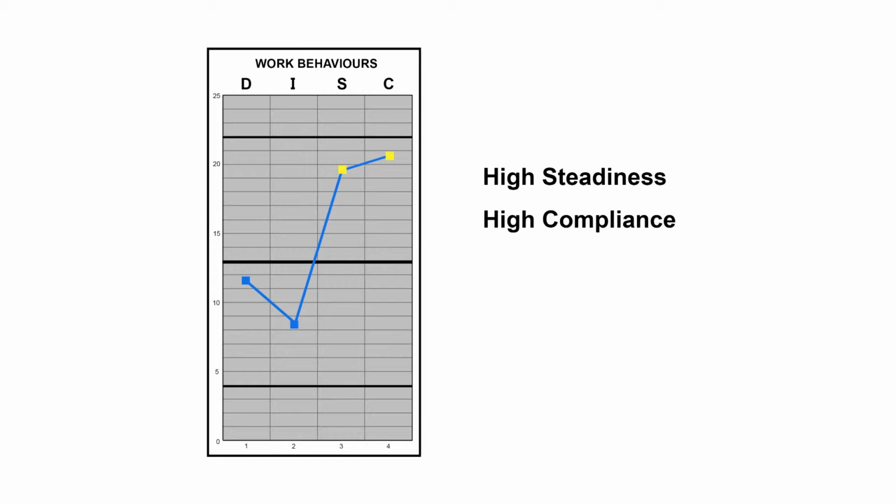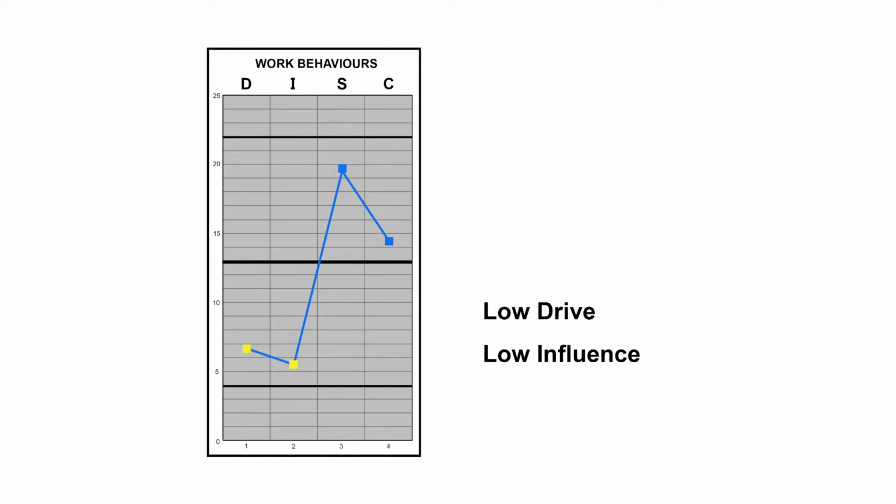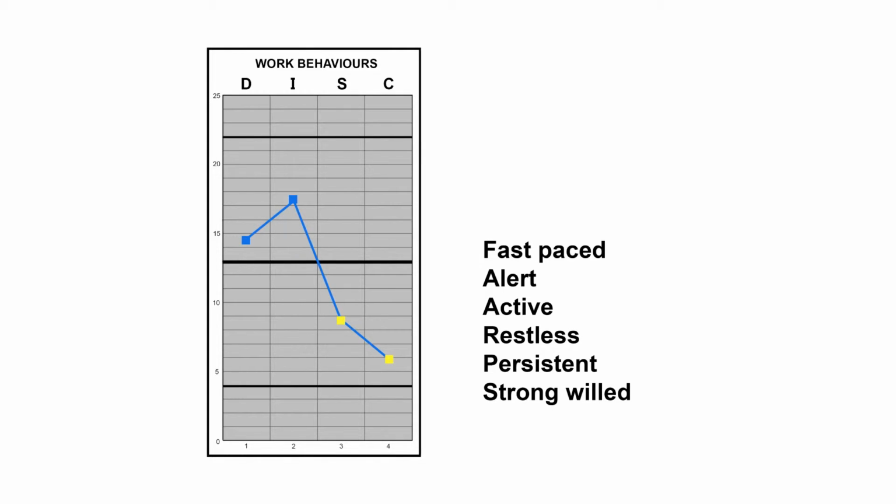A high S and a high C creates somebody who's very steady, logical, methodical, often a perfectionist. A low D with a low I is accommodating, probing and serious. So a low S with a low C presents a set of behaviours which are fast-paced, alert, active, restless and very persistent and strong-willed in their decisions.